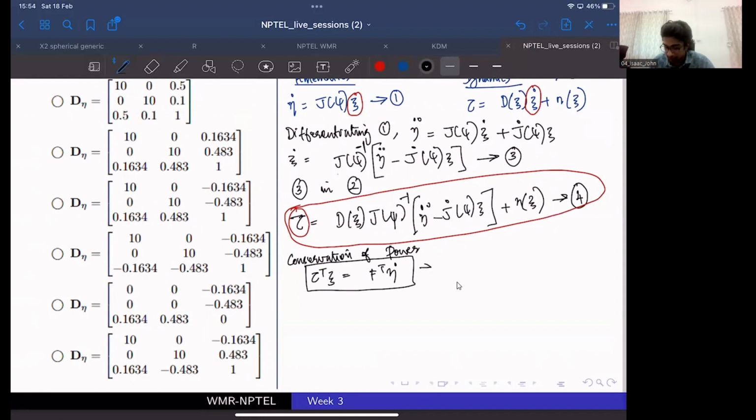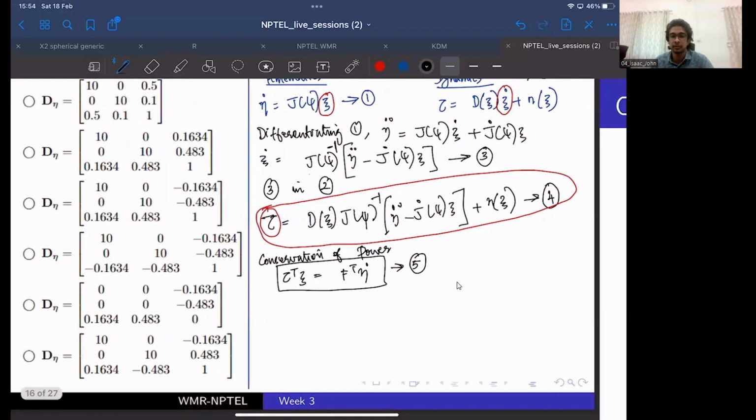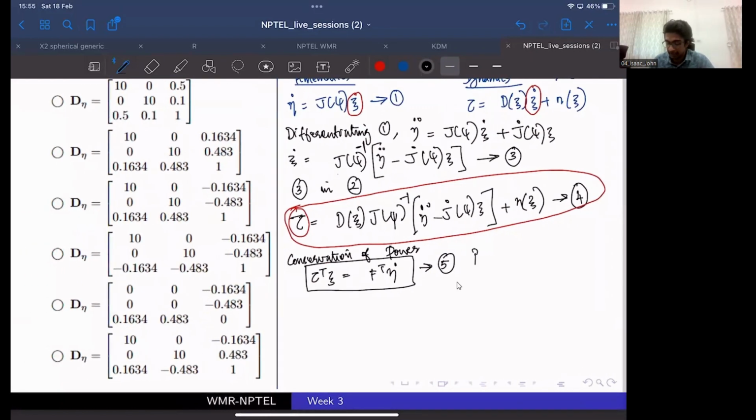This is simply equation 5. What does this equation mean? It simply states that power in the body frame is simply power in the inertial frame.